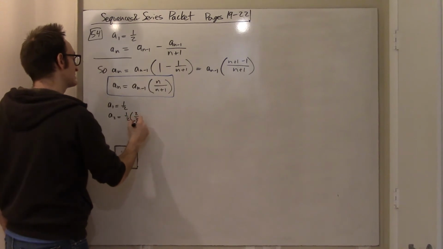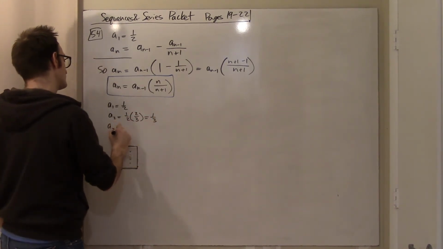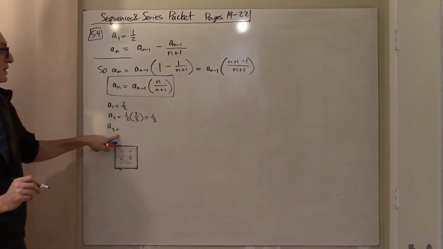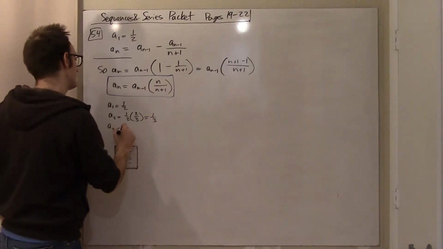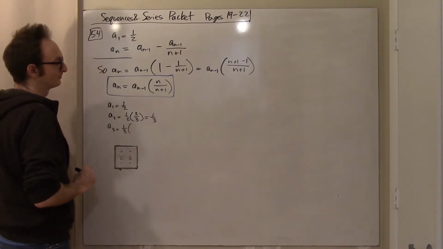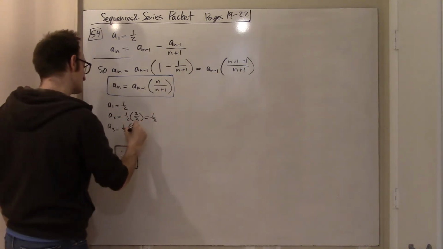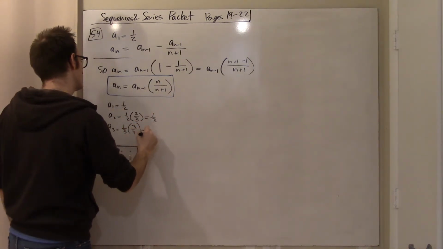So it's 1/2 times 2/3, so that's 1/3. And what is the third term? Well, the third term is going to be 1/3 times 3 over 3 plus 1, so that's times 3/4, so that's going to be 1/4.